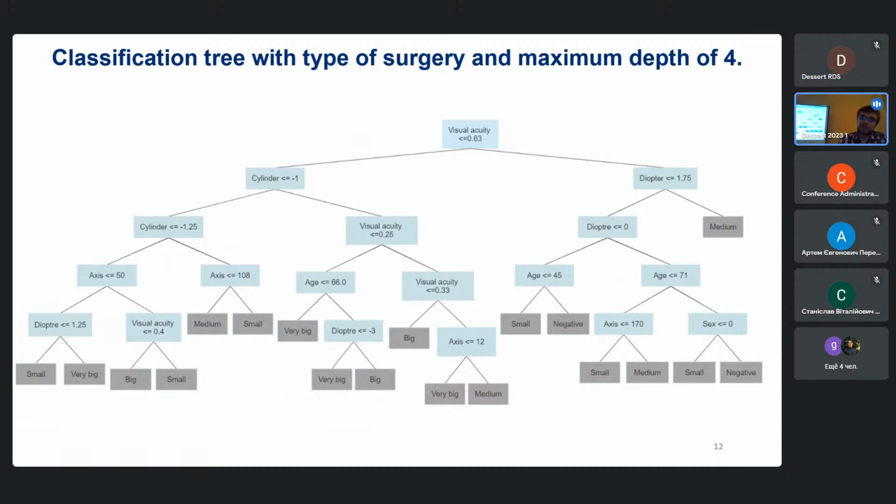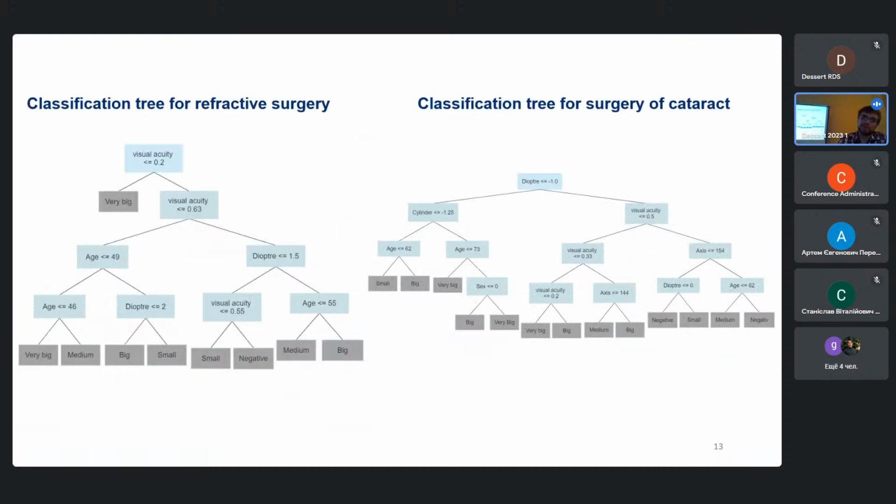In the next experiment, we added an additional variable, type of surgery, that was either cataract surgery or refractive surgery, and we also represented this value as a number, either 1 or 0. But we very quickly discovered that this value has pretty much no effect on our decision tree, even if we increase the depth of it. But before we say that this variable had no effect on the result of the surgery, we decided to split the data into two groups based on type of surgery.